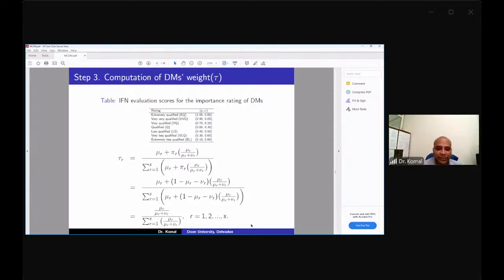If the information related to a decision maker is in terms of mu and nu, you can find the associated weight using this formula, which is given by Boran. Boran gave this formula to defuzzify the value. So tau r is basically the weight. We can use this, and then finally we get the weight of the r-th expert.